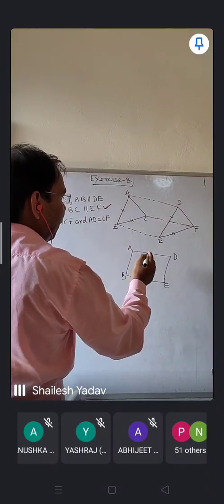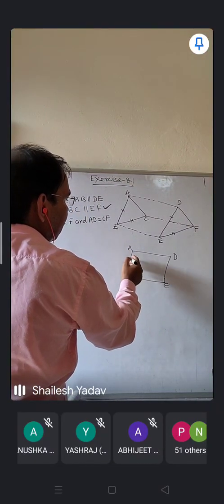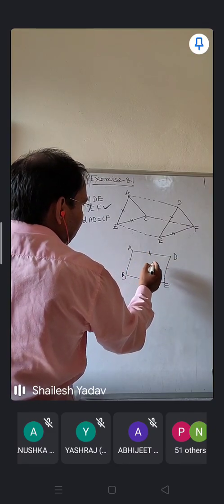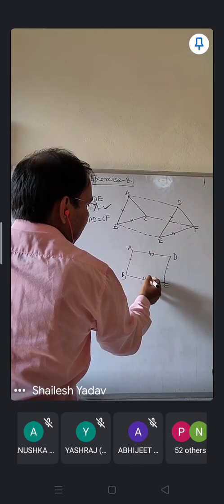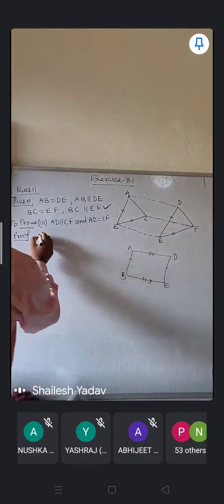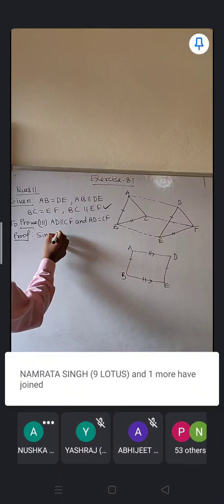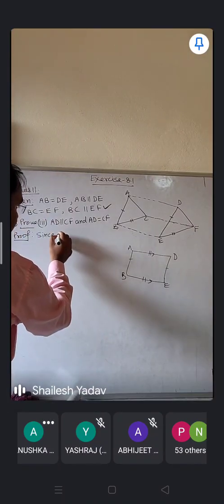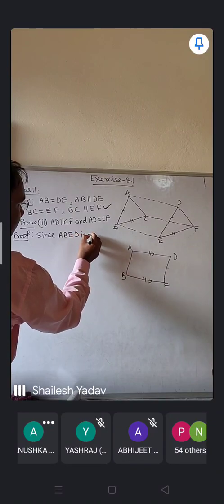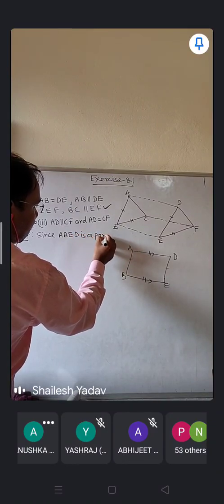In a parallelogram, opposite sides are equal and parallel. This will be parallel to this and equal to this, as well as these two will be parallel and equal to each other. It means from here we can write, since ABED is a parallelogram, that is already proved.